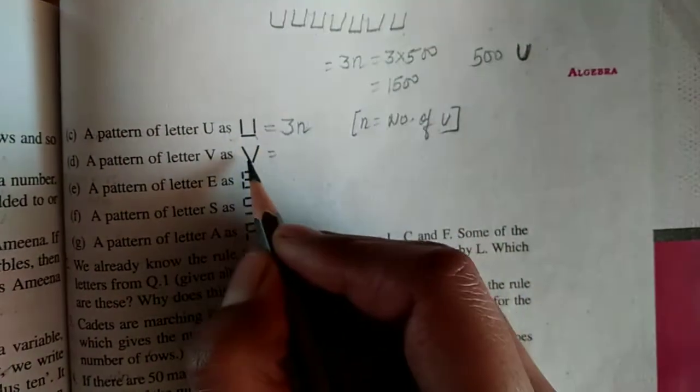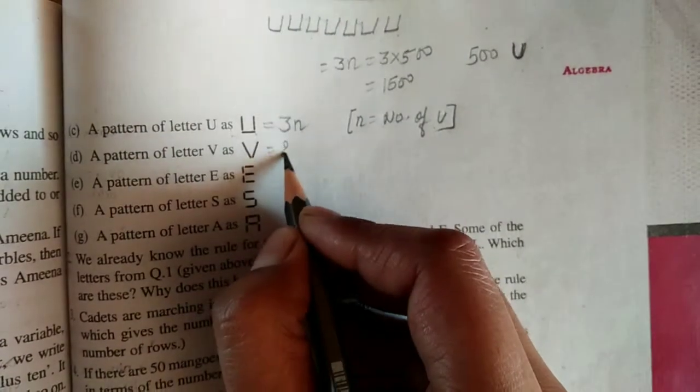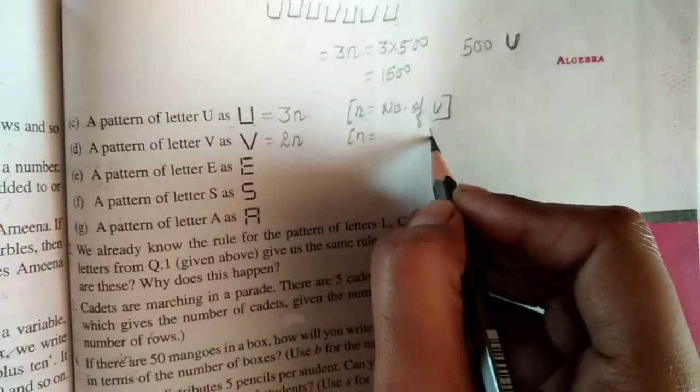Same is here. V: in the V we need 2 matchsticks, so 2 will multiply by n, and n is the number of V. Same is here.